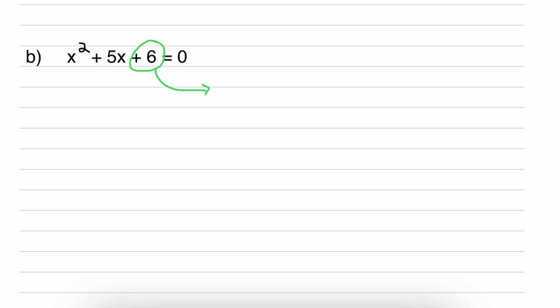Okay, so the factors of 6 would be 6 and 1, but also 2 and 3. 6 times 1 is 6, 3 times 2 also gives us 6. Now these pairs of factors should always add to this middle term. Right, now 6 plus 1 is going to give us 7 and 3 plus 2 is going to give us 5. So we'll use the factors 3 and 2.